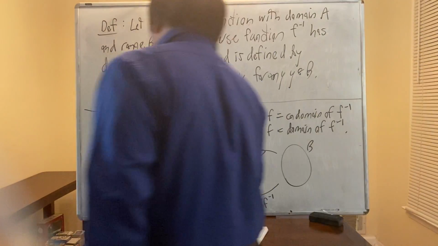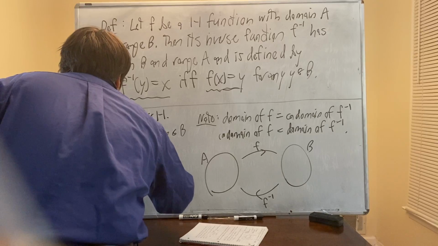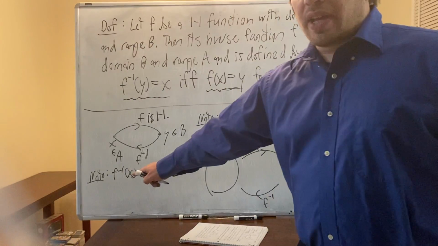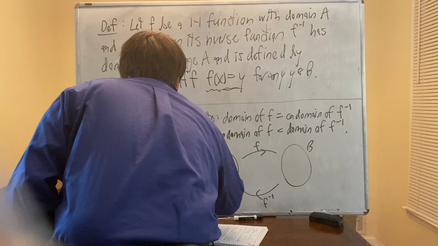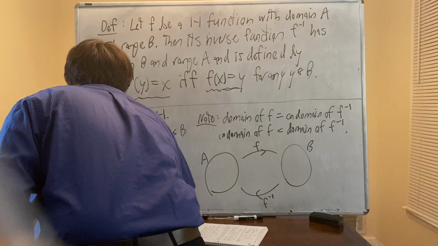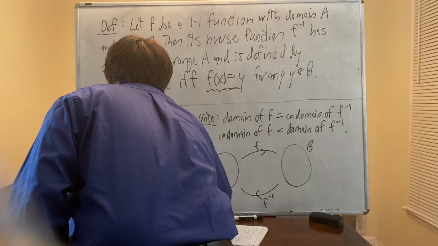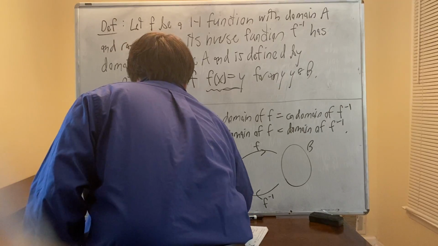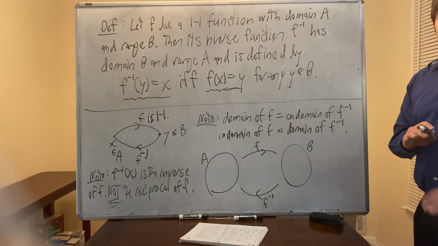Okay, and note f inverse of x, this notation, is the inverse of f. Not the reciprocal of f. So f inverse of x does not mean 1 over f of x. It does not mean that.